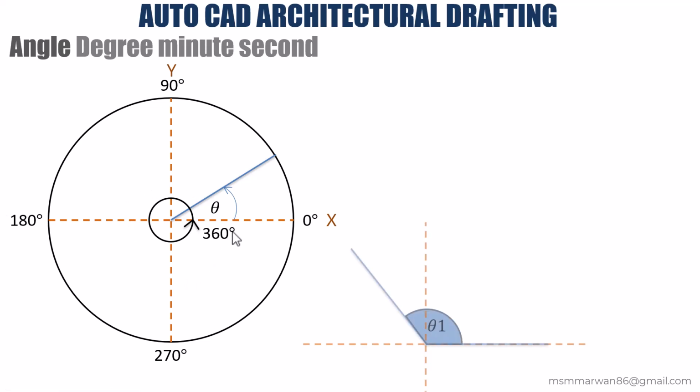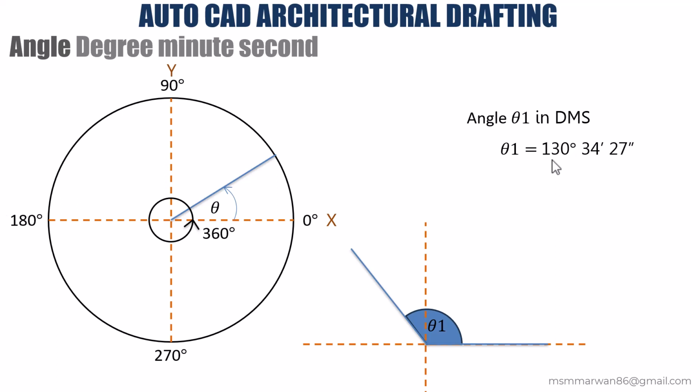Now if I take one of the angles out, for example theta 1, it is obvious that theta 1 is more than 90 degrees and less than 180 degrees, and it is measured from the x-axis anti-clockwise. Now for example, theta 1 in DMS, degree, minute, seconds, is 130 degrees, 34 minutes and 27 seconds. This is something like saying time is 1 hour and 30 minutes.